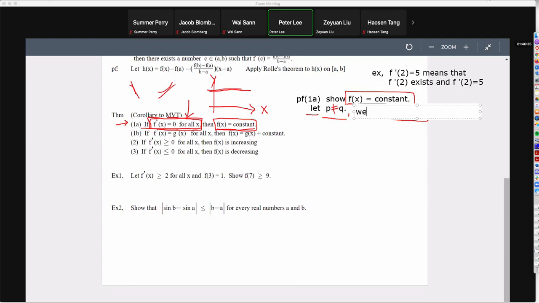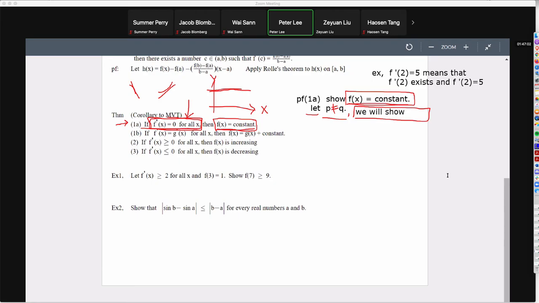We will show a claim, or we say we want to show, what? What do we have to show about this P and Q so that this function is actually constant?